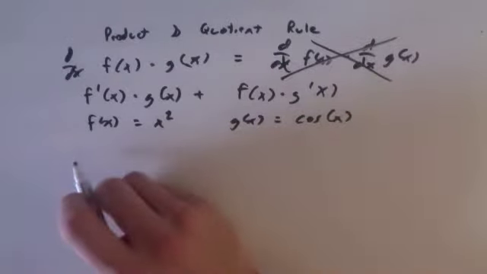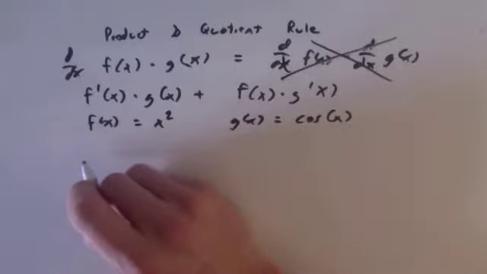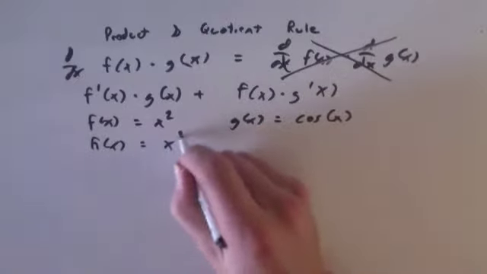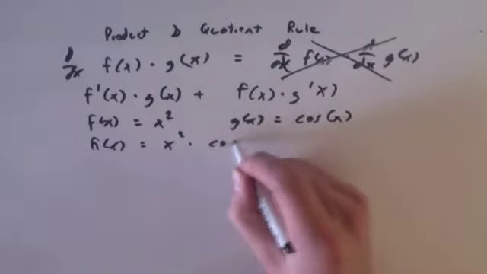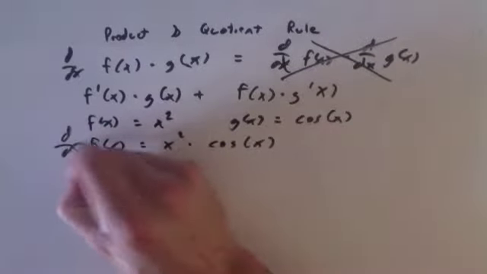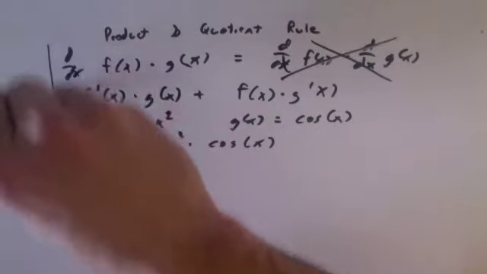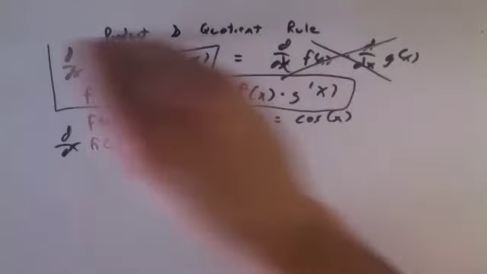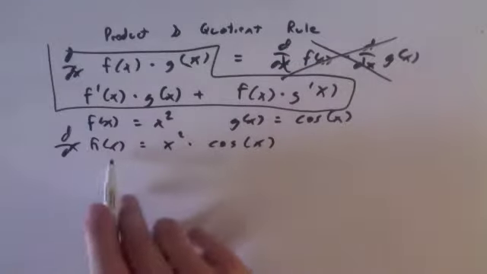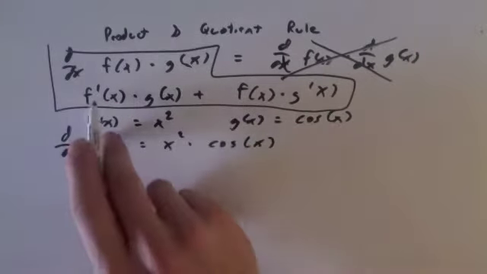Then, doing this derivative, we'll say that h of x is actually x squared times cosine x, right? And I want to take the derivative of this. Going back to this formula, we get that the derivative of h of x is the derivative of the first times the second.